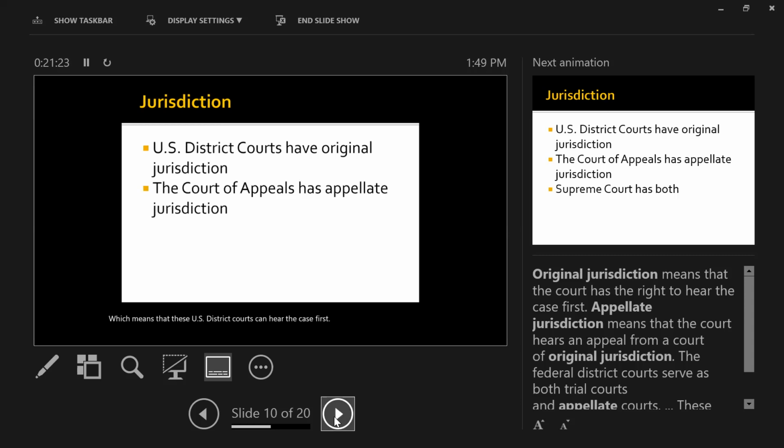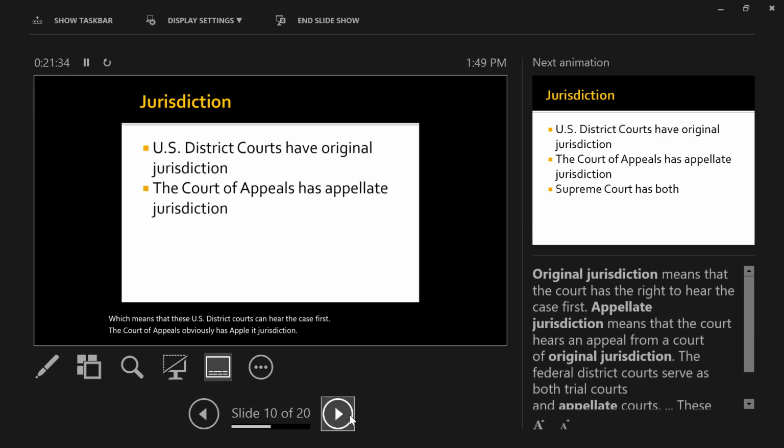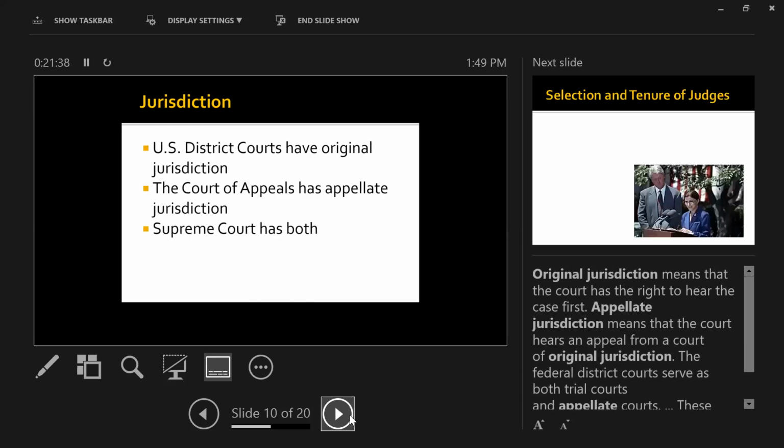The Court of Appeals obviously has appellate jurisdiction. And finally, the Supreme Court has both of these types of jurisdictions.